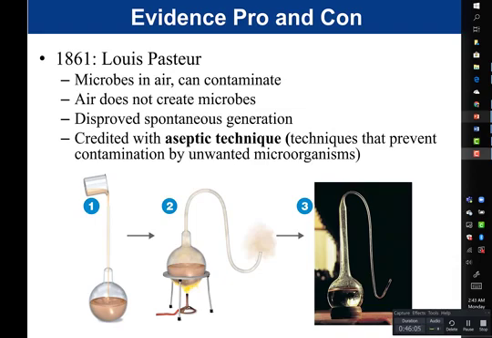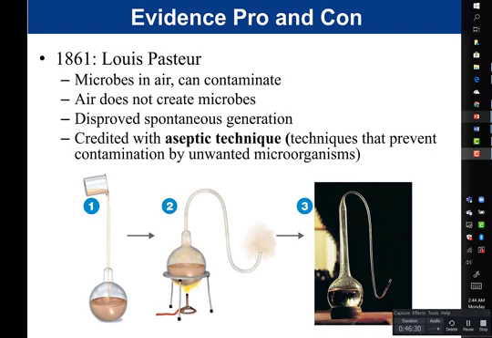So the air did not create the microbes. The microbes came from if they fell into the flask. And so he was credited largely with disproving spontaneous generation. Again, we can't say that he proves biogenesis, but he disproves the alternative hypothesis. So he disproved spontaneous generation.